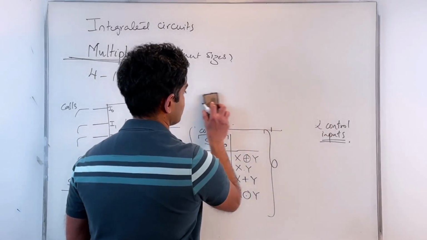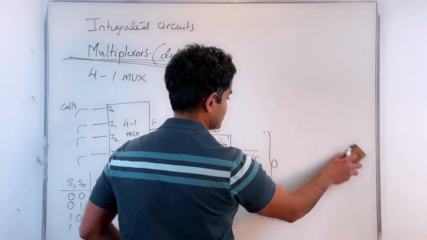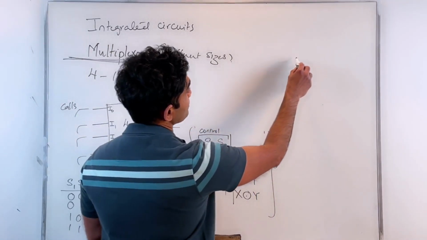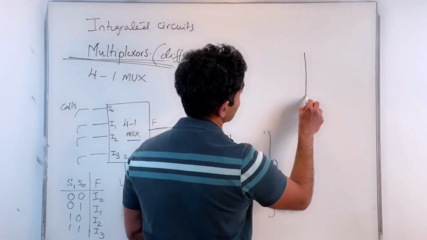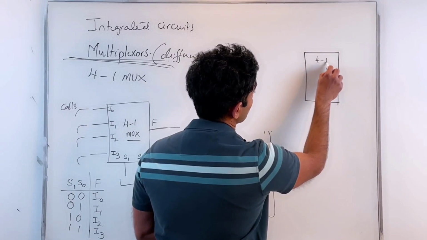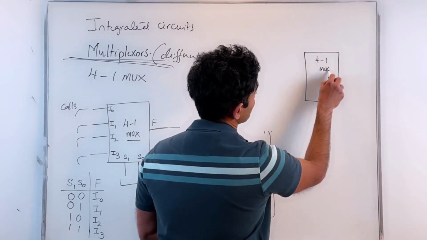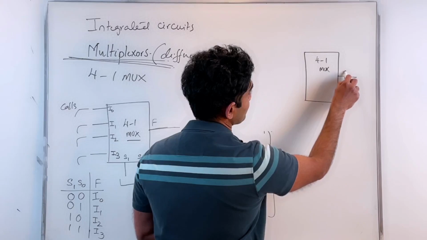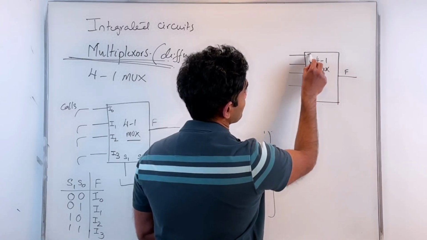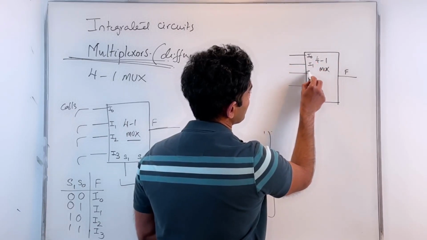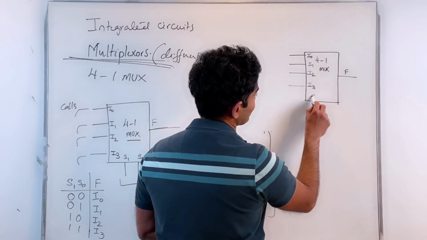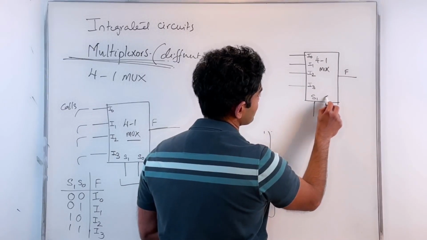All right. So I take a multiplexer. In this case, this is how I defined it. That's my multiplexer. That's a 4 to 1 because I have 4 inputs and 1 output. That's I0, I1, I2, I3, S1, S0.